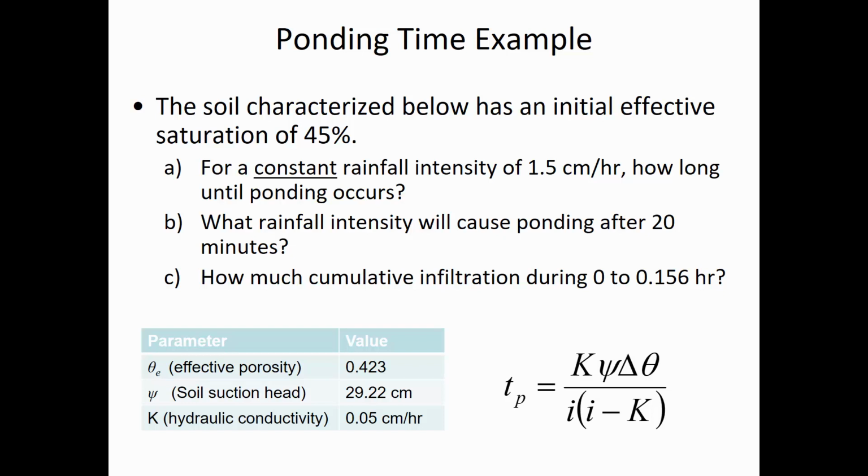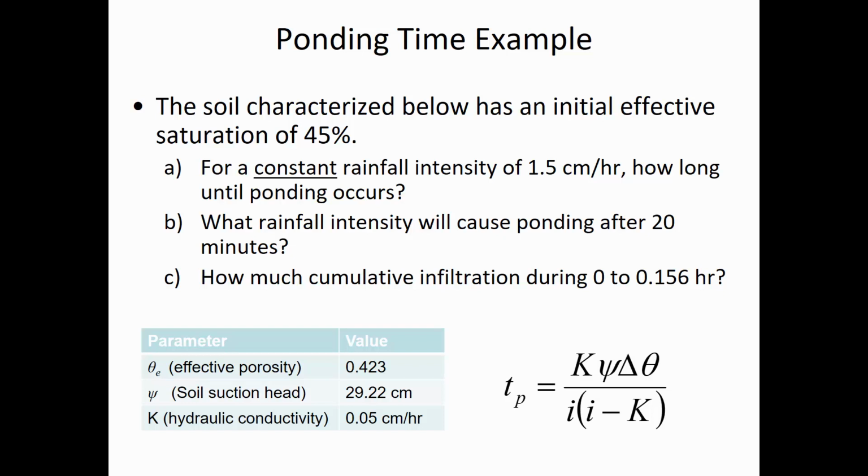So it was 1.5 centimeters per hour. So if we have a rainfall intensity of 1.5 centimeters per hour, how long until ponding occurs? So I'm going to say I is 1.5 centimeters per hour, just constant to keep things simple.